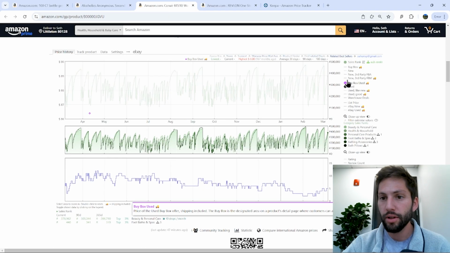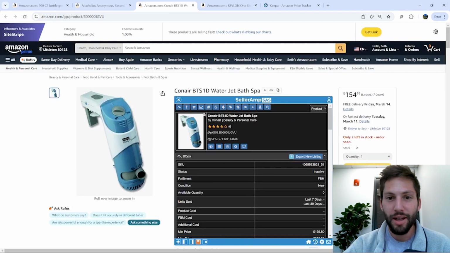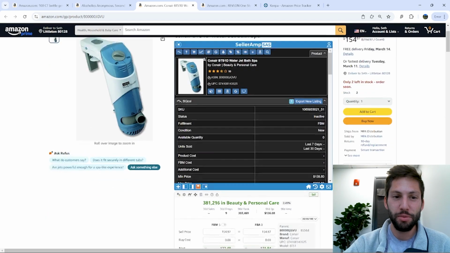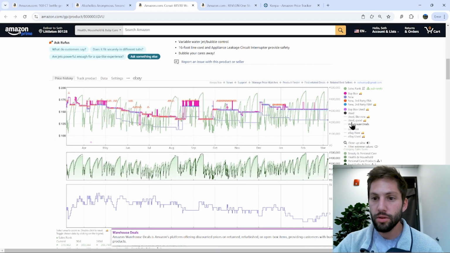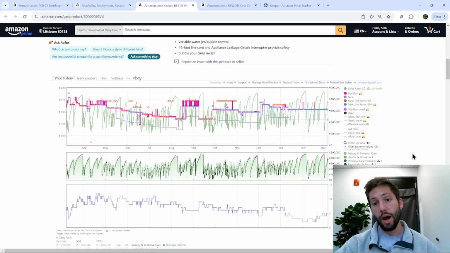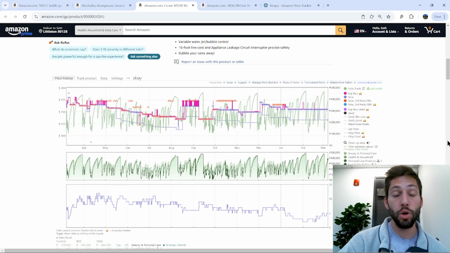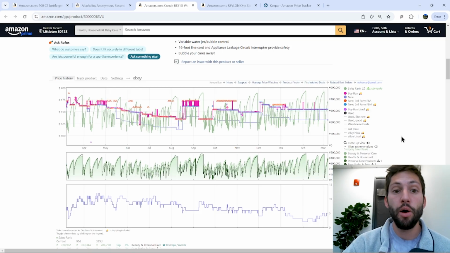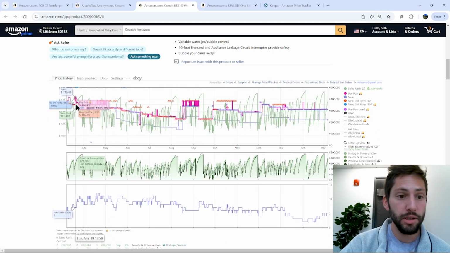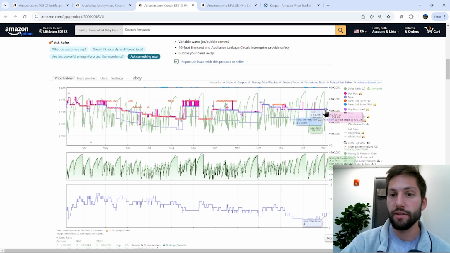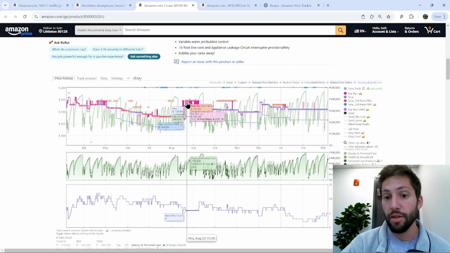And we'll take a quick look at this. This is a water jet bath spa. Nice and vintage. So clicking on some of these. Now in the health and household category, you usually can't list as used, so we're really just looking at the new price right now. We're seeing buy boxes all the way up at 165, 155, went up to 173.